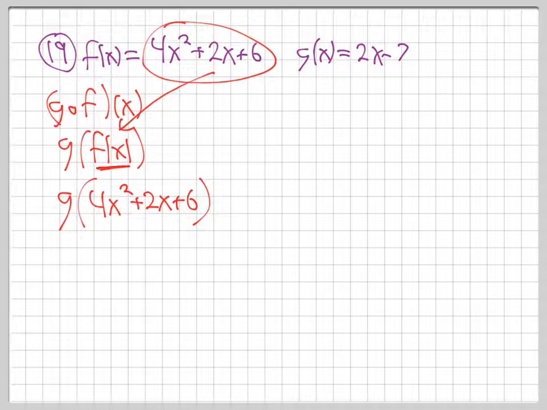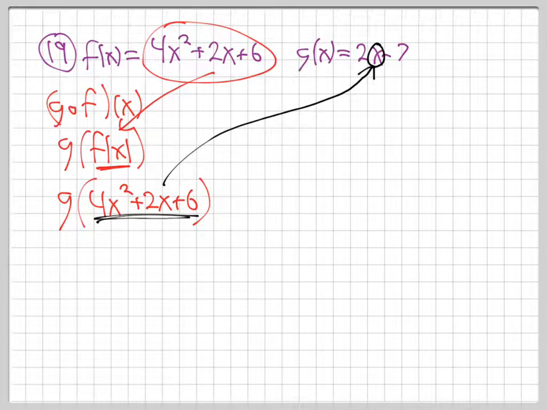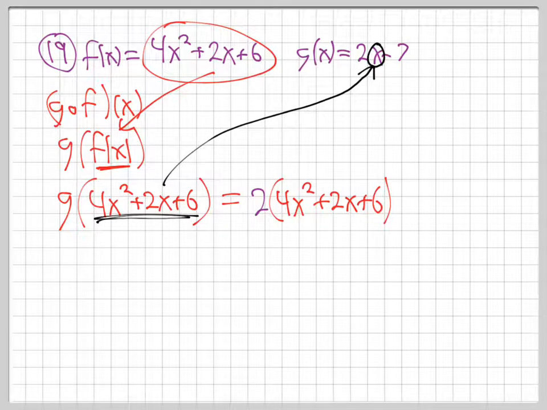And so now we take all of this and plug it in right there, because remember, the x in any function is the hole in the toaster. It's the insert slot. So I'm going to plug that whole thing in right there. And so what do I get? I get 2 times the plug-in, 4x squared plus 2x plus 6, and then the minus 7.